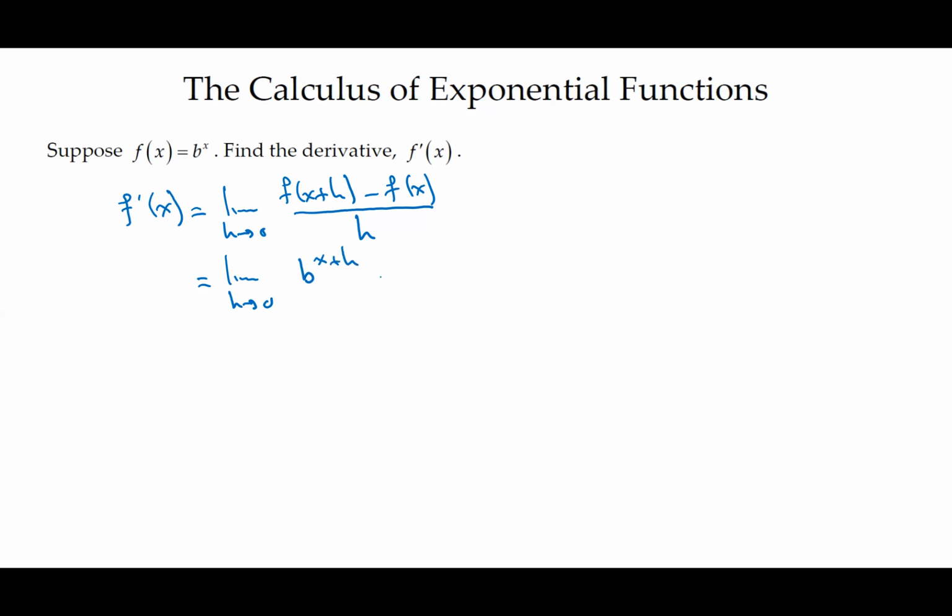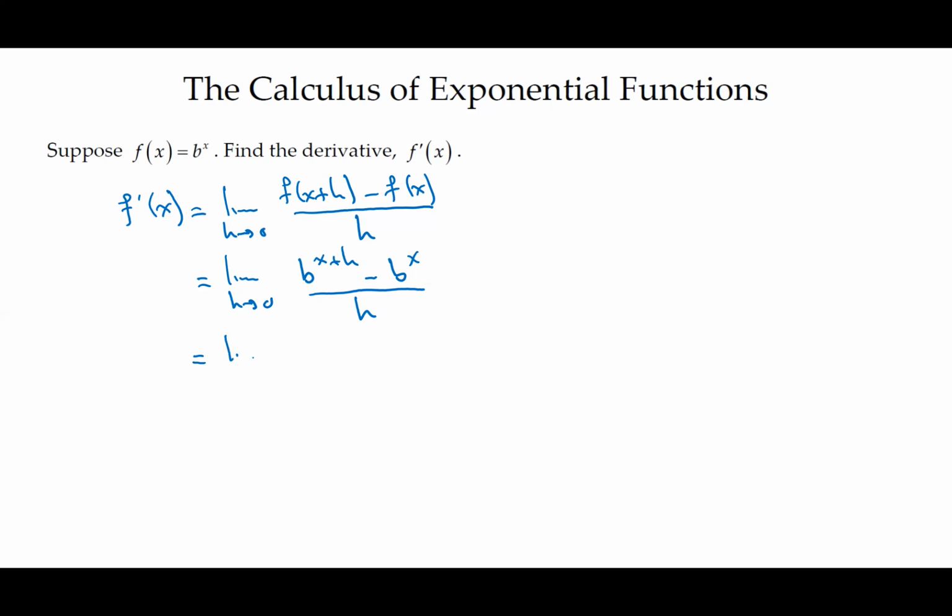Let's find its derivative. So the derivative, we know by definition, is the limit as h approaches 0 of f of x plus h minus f of x all over h, which is the limit as h approaches 0, in this case, of b to the x plus h minus b to the x all over h.